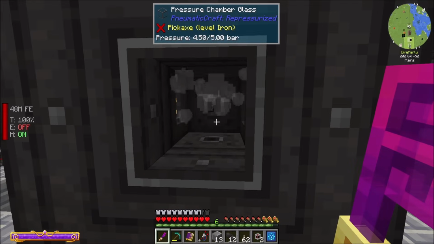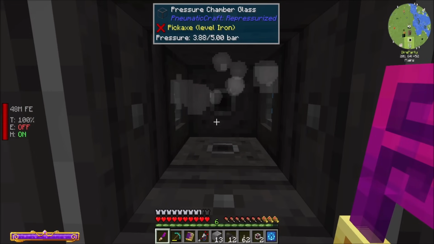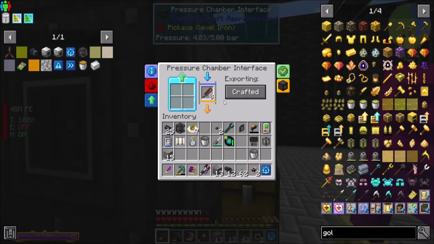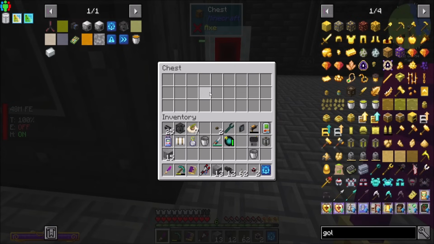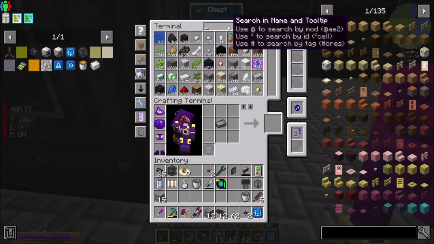So that should pop in there. Boop, boop. And then there's your turbine blades. Cool. And fluid mixer.